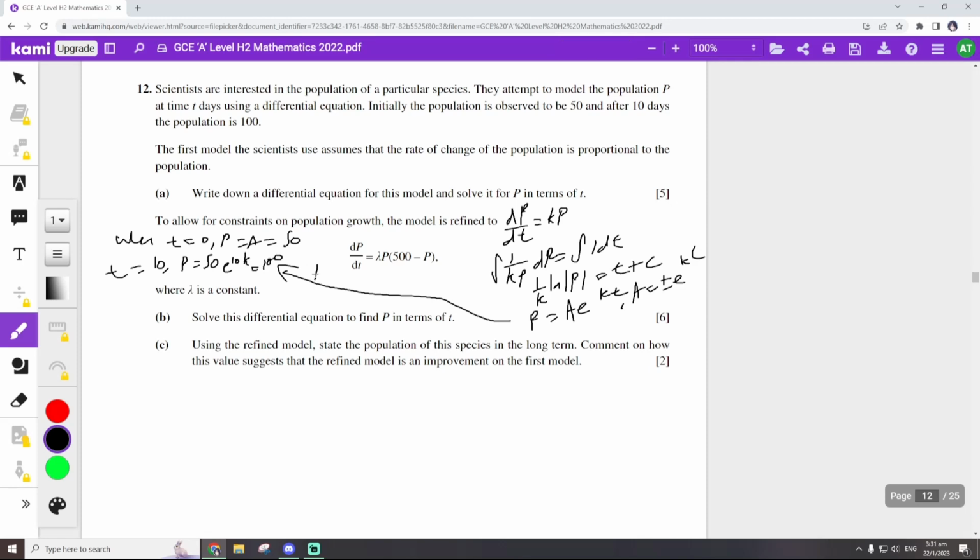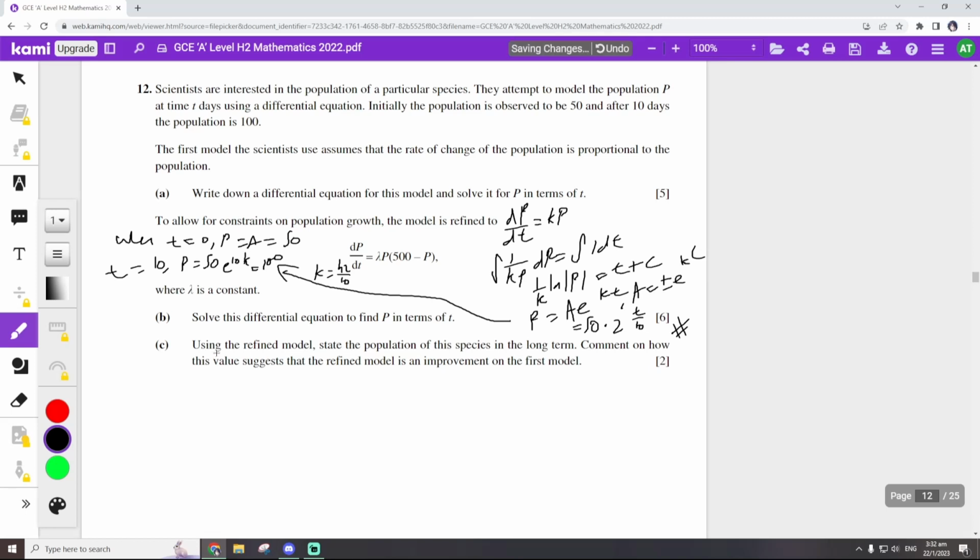So therefore, k is ln 2 divided by 10. Okay. So therefore in this case, your model for P is actually 50 times 2 to the t over 10. So yeah, it's a very nice model, very nice answer for this.